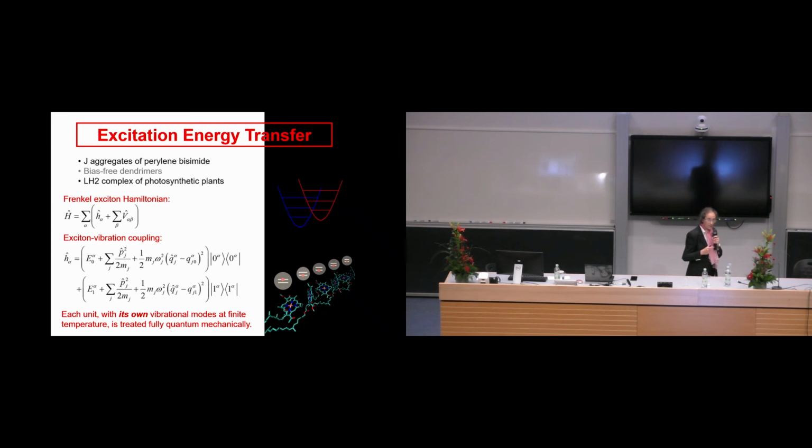Each of the units is a molecule and has its own vibrational degrees of freedom that I call Q, and it has a ground state and an excited state, which are displaced. So the equilibrium geometries of the ground state and the excited state are in different places, and that's how we get these shifted parabolas. We're going to be treating this whole thing exactly by path-integral methods, with no approximation given the Hamiltonian.